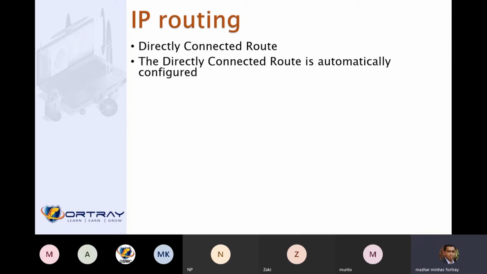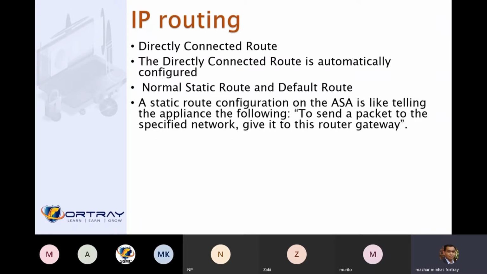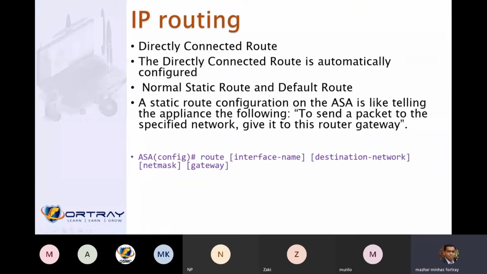Once you assign the IP address to any interface, it creates the directly connected route. For a normal static route and default route, in a static route configuration the ASA is telling the appliance to send a packet to the specific network, give it to the router default gateway. Okay, so this is the command. In Cisco, we use ip route.